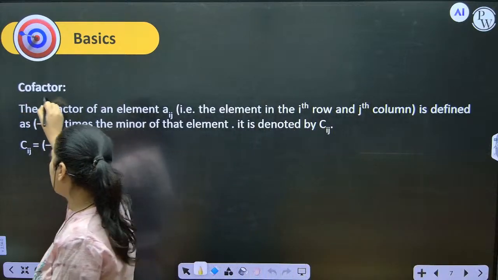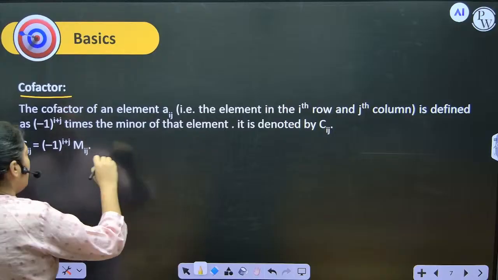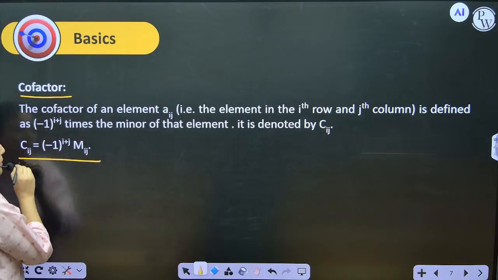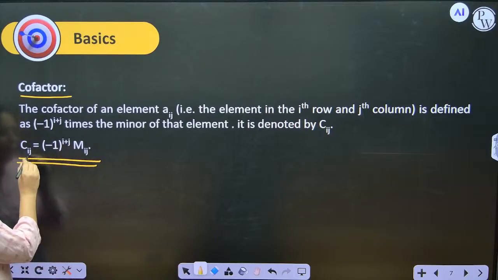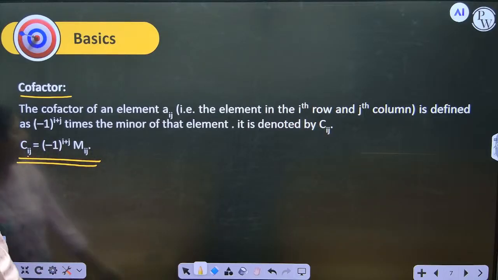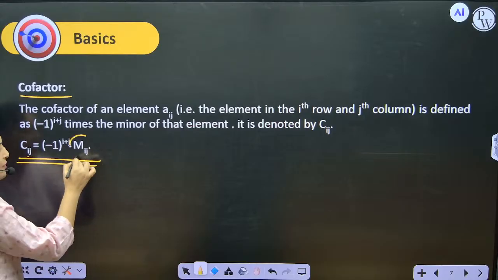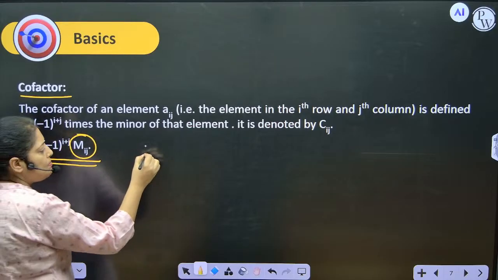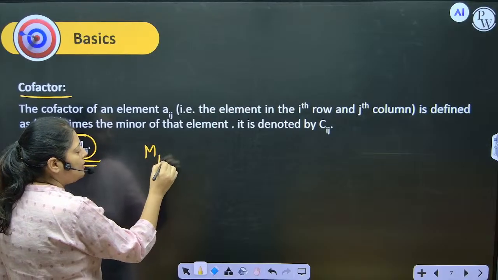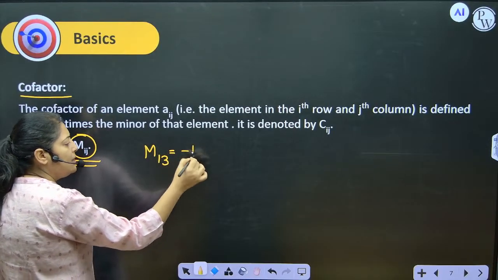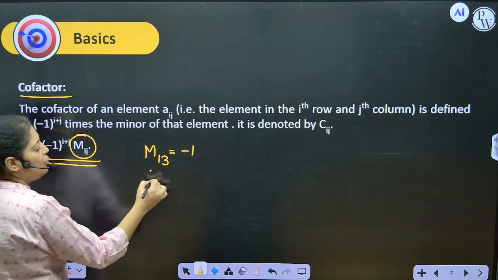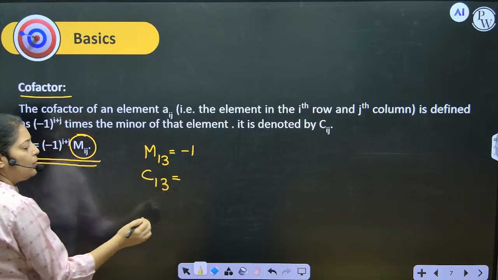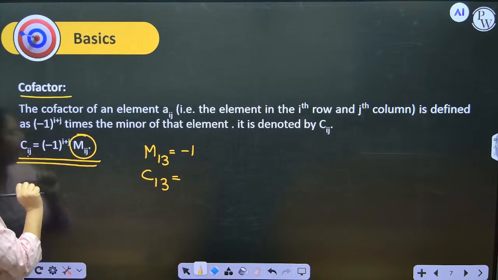is cofactors. This also we have already done. Cofactor definition is nothing but Cij equals minus 1 raised to power i plus j times Mij. Whatever minor we have got, suppose minor of 1 3 we have got as minus 1, and we have to find the cofactor C13.